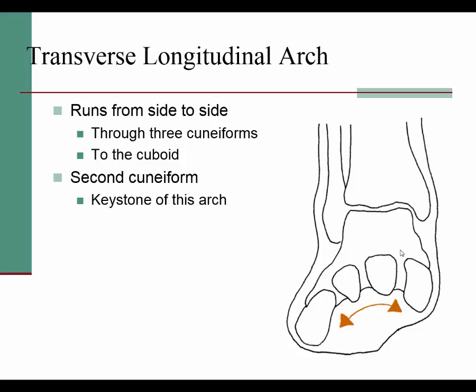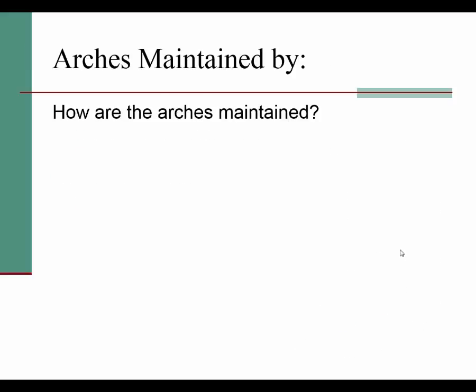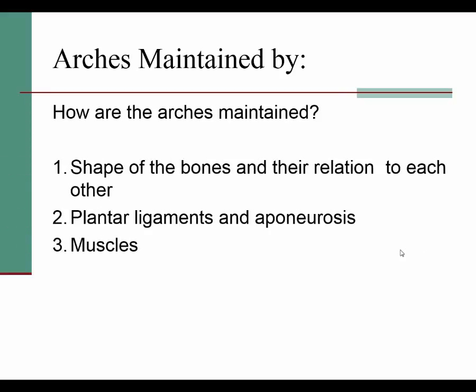Arches are maintained. So how are they maintained? Shape of the bones and their relation to each other, plantar ligaments and the aponeurosis, and muscles. Aponeurosis is also called fascia, and we will discuss that a little more in class, but just make sure you're prepared.